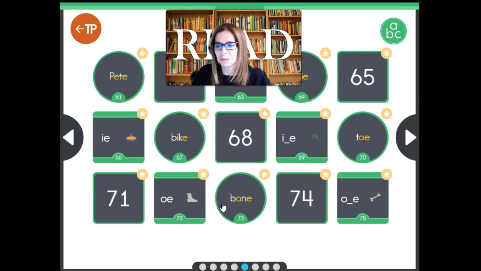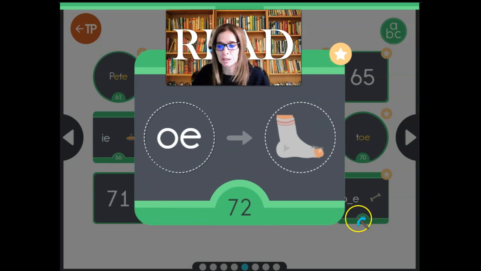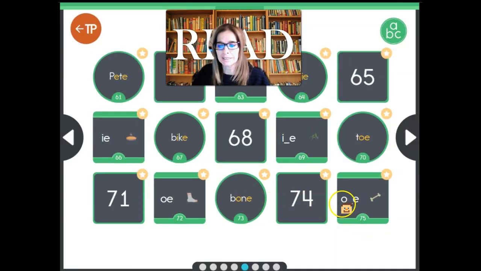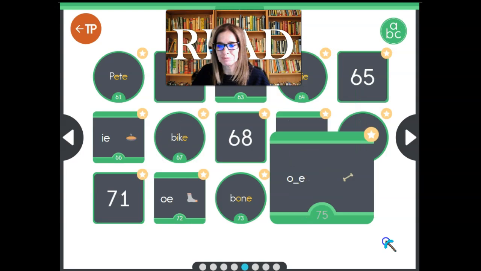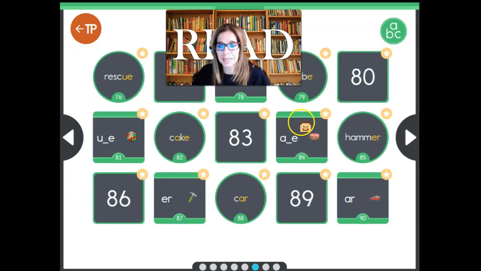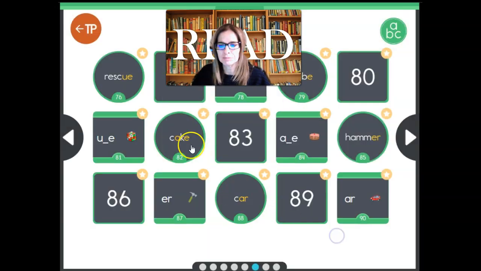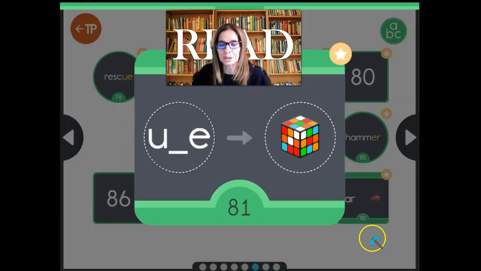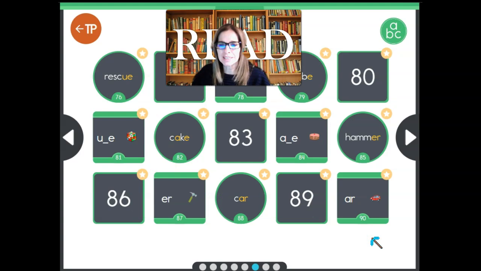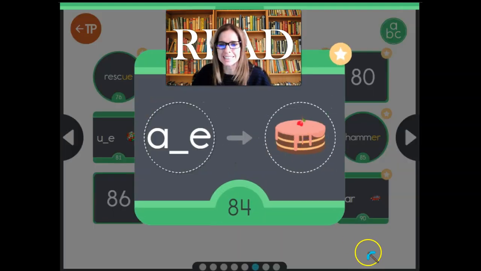So I'm not going to get to go on with you and build the hearts and stars, but I will review really quick. Today in our lesson, we had a lot, didn't we? We had the O as in toe. We had the O as in bone. We also had the U in rescue and the U in cube. Finally, we had the A as in cake.